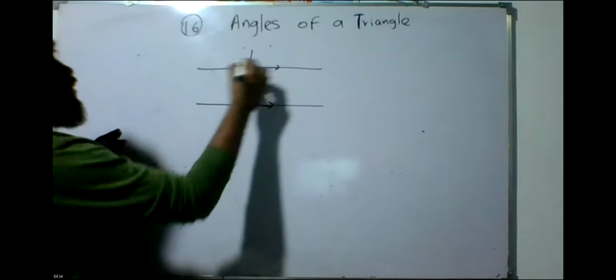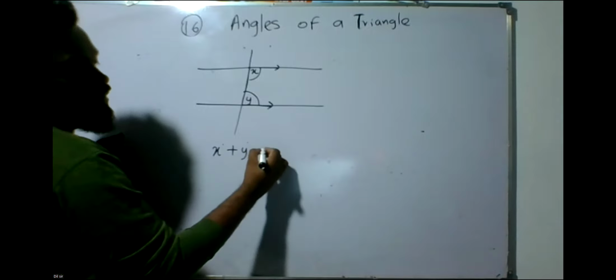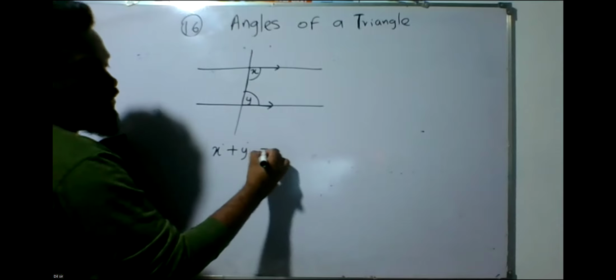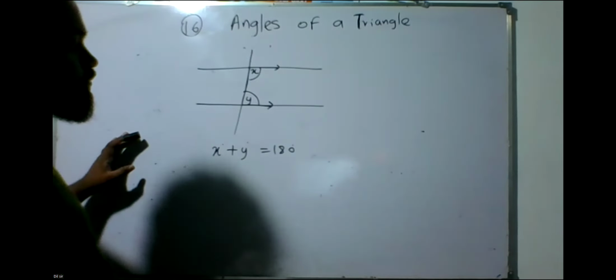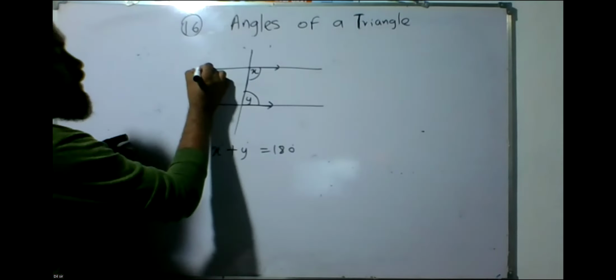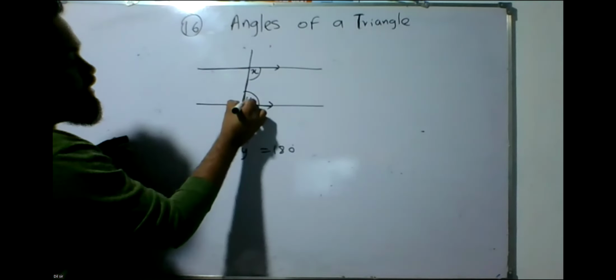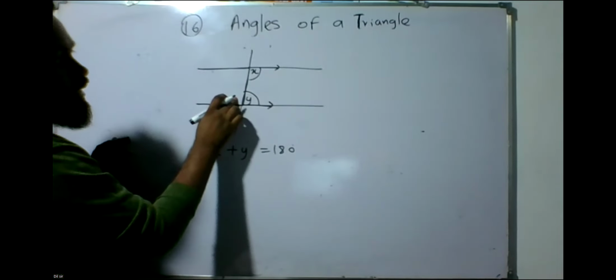Are they equal? No, they are not equal, my dear. But the sum of them is supplementary, that means 180 degrees. Then the opposite side of the C shape, here also another pair of allied angles.